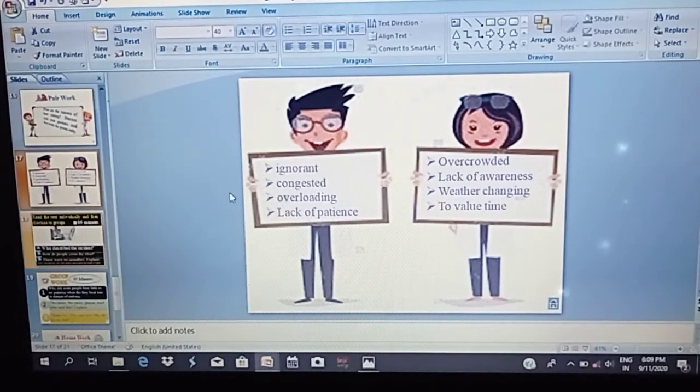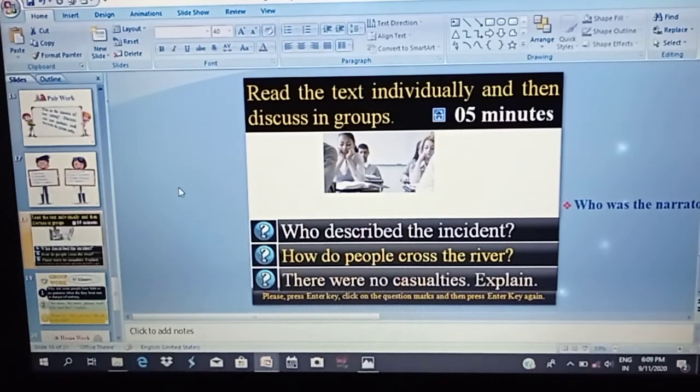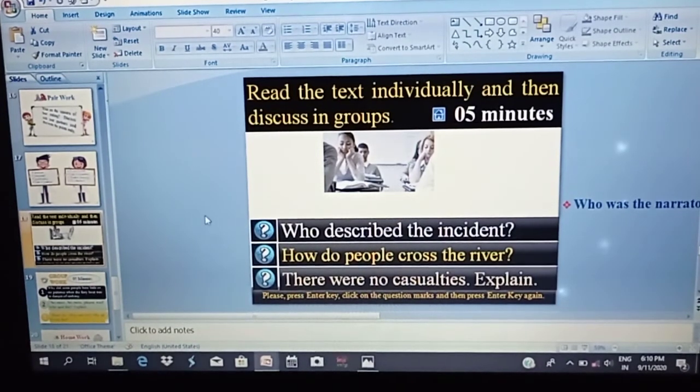And I think you all have found these points also. So read the text individually and then discuss in groups if possible. Now we will go through the passage again and again if we need. Then we will try to write the answers of this question.